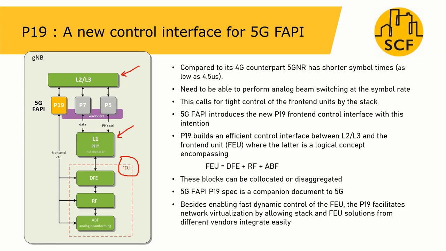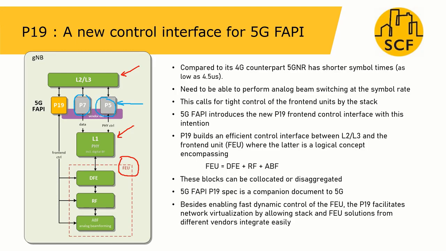The functional demarcation line between the L2, L3, and L1 is also known as split option number 6. And to bridge the upper stack and L1 layers over this split, the FAPI spec defines two interfaces nicknamed P7 and P5.